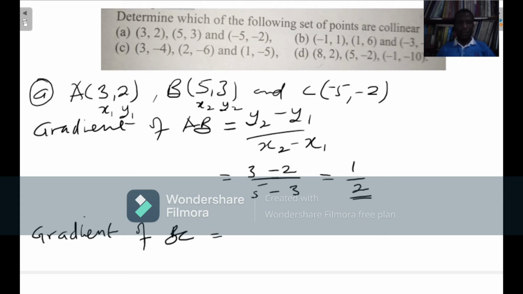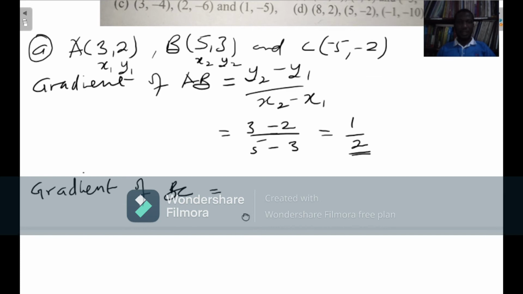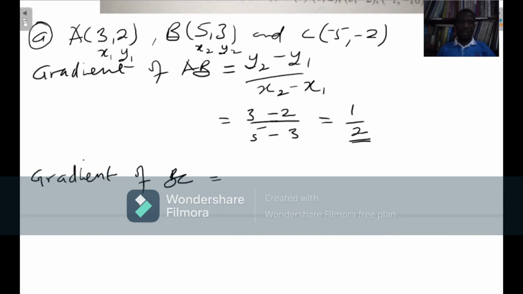Using the same formula, the gradient of BC. Let me change my naming now because the B becomes our first point and C becomes our second point. So we are going to have now x1, y1, x2, y2.